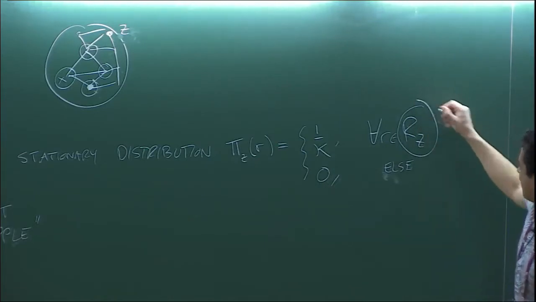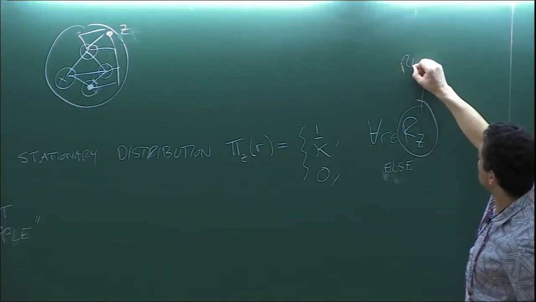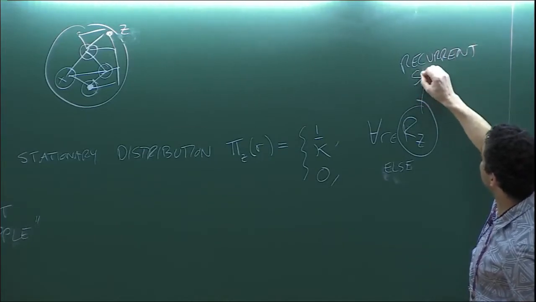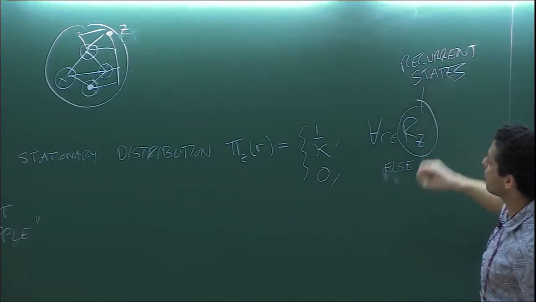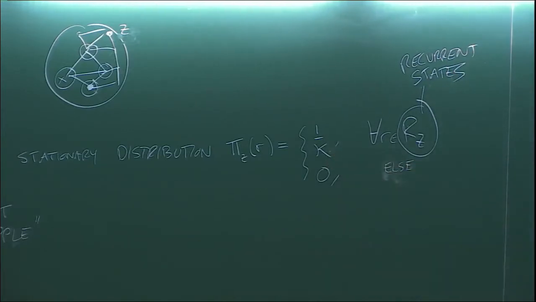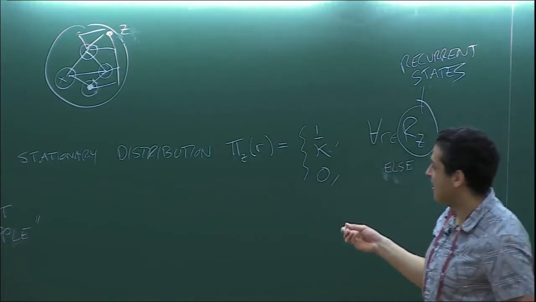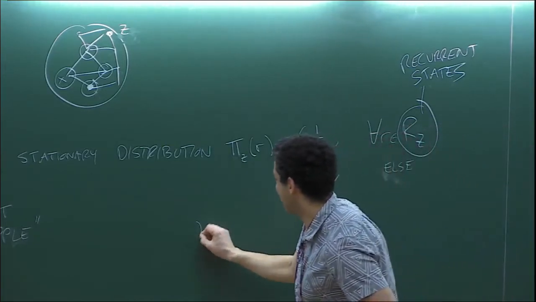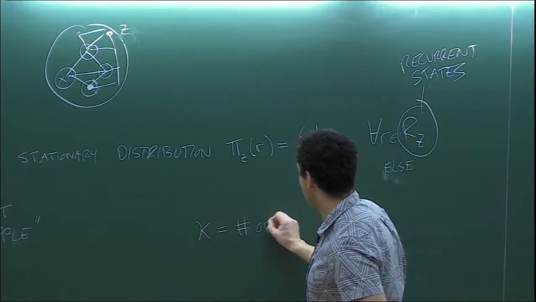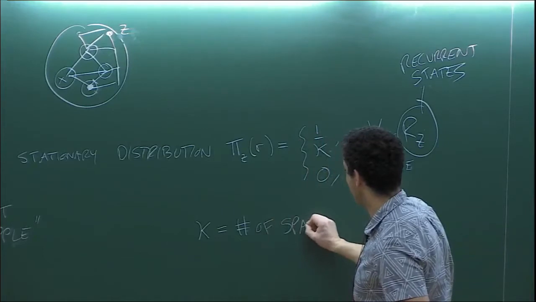And all the recurrent states occur with the same probability, 1 over kappa, where kappa, if you like, is the number of recurrent states, but it also happens to be another interesting number. So kappa turns out to be the number of spanning trees of your graph.